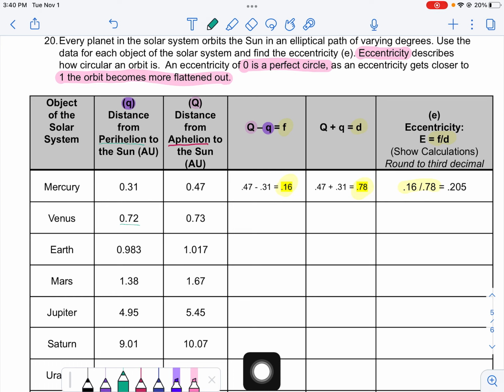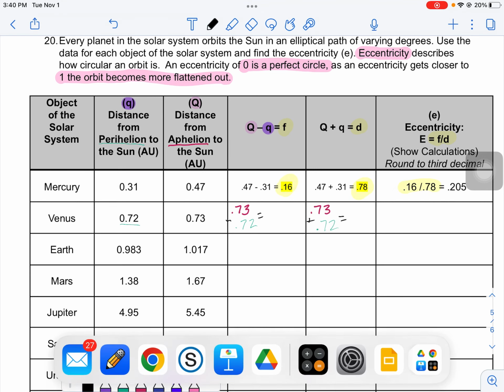So I'm going here, big 0.73 minus 0.72. And I want to see what that equals. And then my next column here is simply adding those same numbers together. So 0.73 plus 0.72. And again, seeing what I get there.